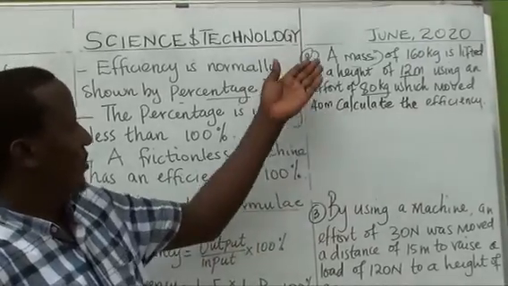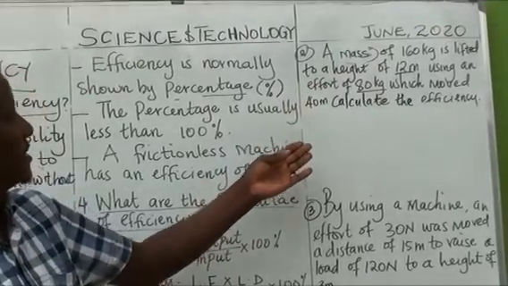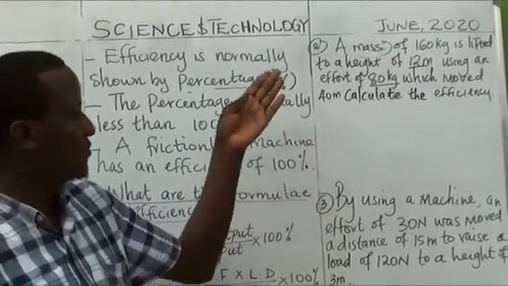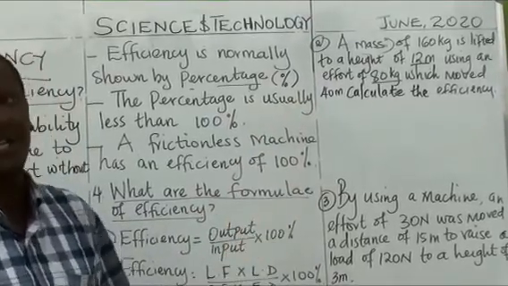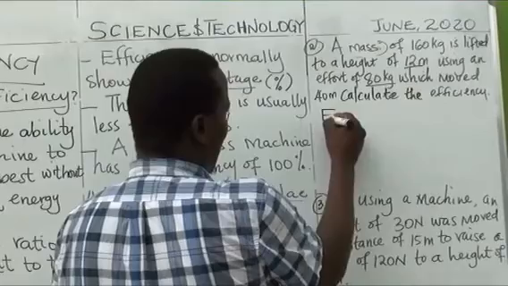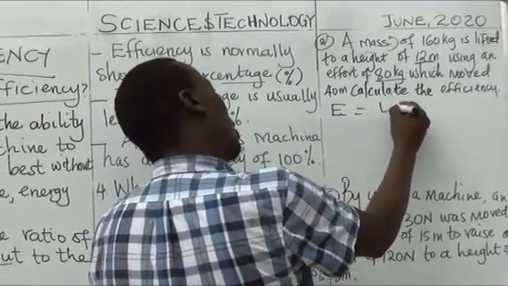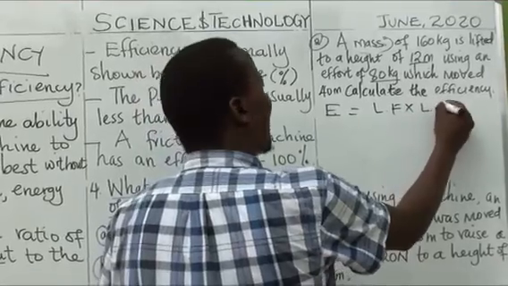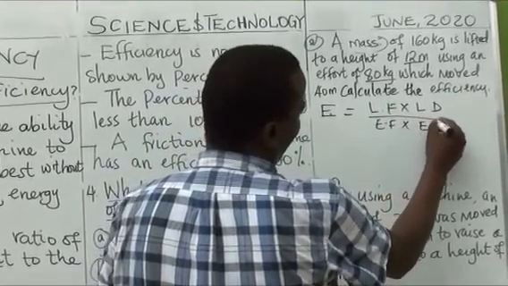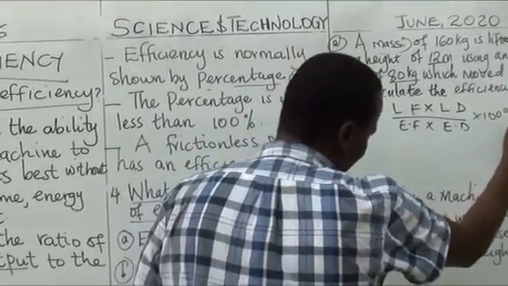It reads, we read together: a mass of 160 kgs is lifted a height of 12 meters using an effort of 80 kgs which moves 40 meters. Calculate the efficiency. Let me use E to stand for efficiency for now. It is now the load force times the load distance over the effort force times the effort distance, then times 100%.